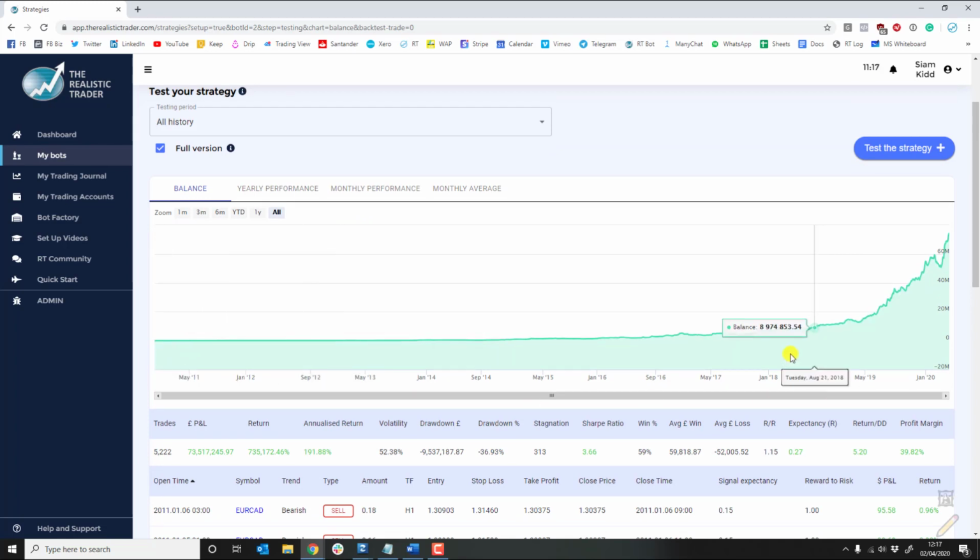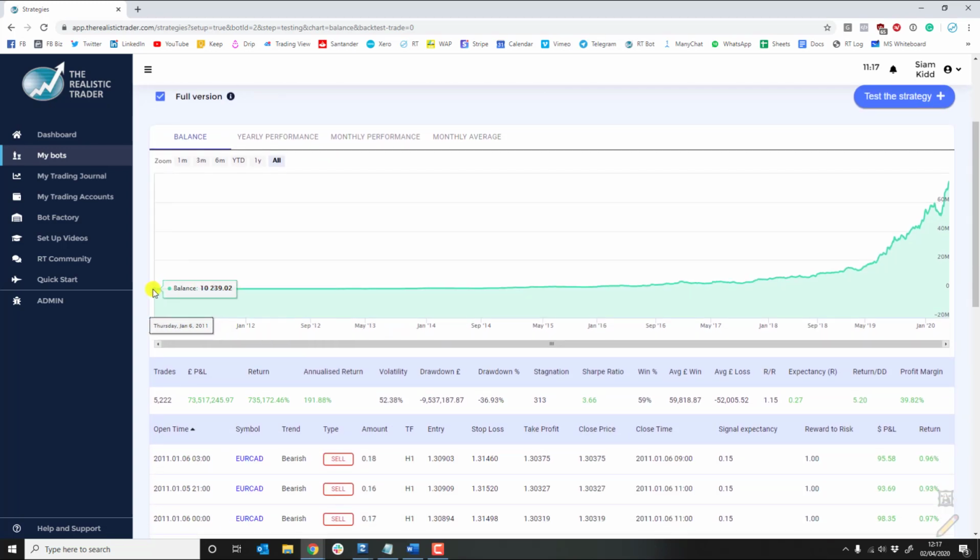So all this is showing you is that if you went back to January 2011 and set up this bot with this particular setting and then left it, after 9 and a bit years, so as of March, when April, that $10,000 account would now be about $73 million. Obviously that's a bit far-fetched, and as you can see down here, that is the return.